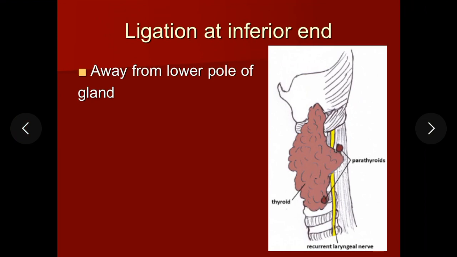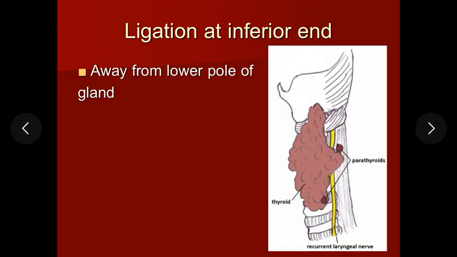So you always ligate the inferior thyroid artery away from the lower pole. That relation you should remember. At the upper pole, you ligate the superior thyroid artery very close to the lobe, but at the lower pole, you ligate the inferior thyroid artery away from the lower pole so as to prevent injury to the recurrent laryngeal nerve.